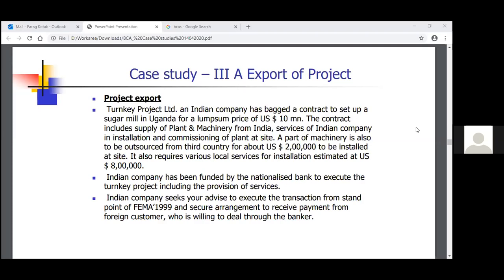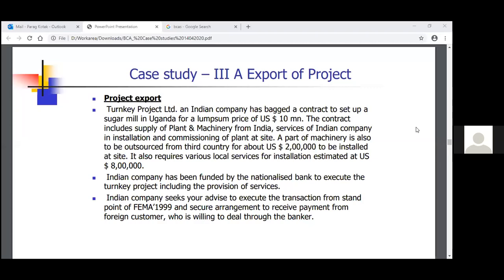And therefore, RBI has come out, right from 1992, with the provisions of the Project Exports Memorandum, PEM, whereby a different scheme of documentation has been prescribed.